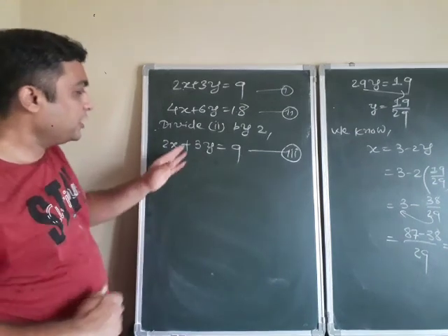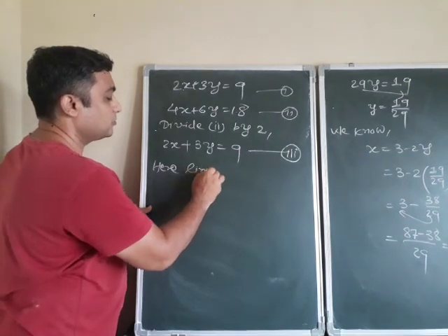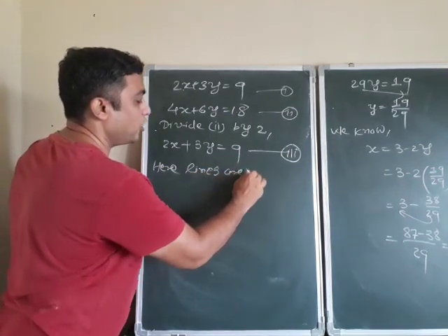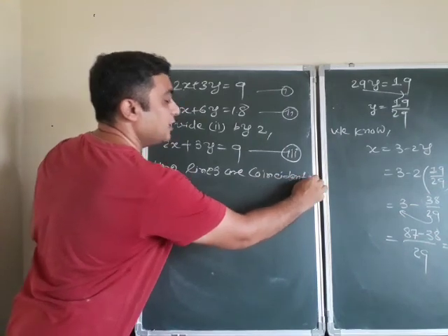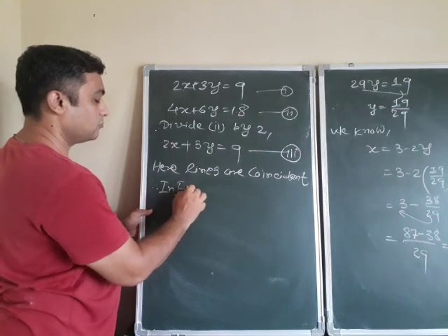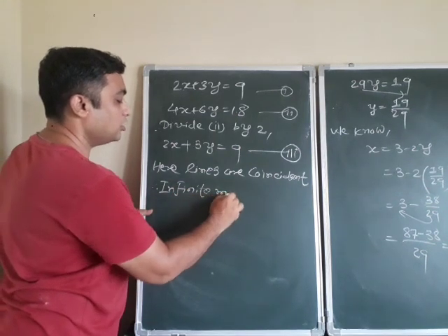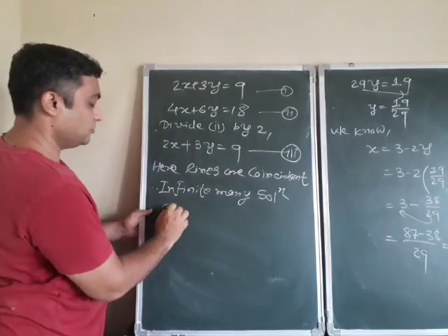Understood or not? So here we make the comment: here the lines are coincident. So therefore, infinitely many solutions are possible.